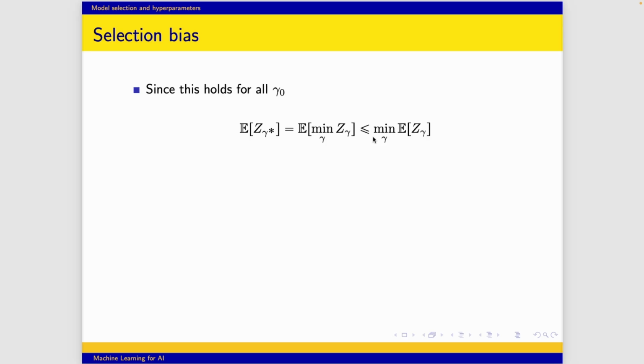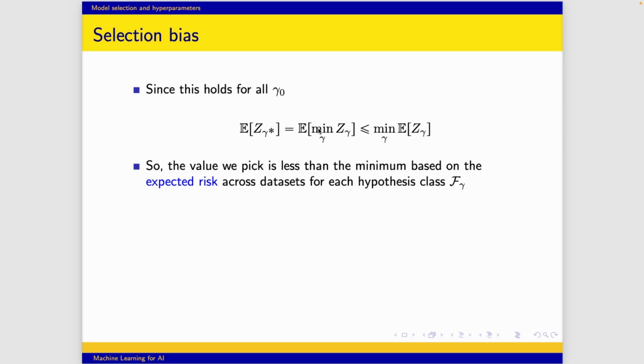And so we have a type of bias in this procedure where we use this to select our best gamma, namely gamma star. This gamma star is not going to be the same as the gamma that we would get by doing this, if we could do it, which of course we can't, because we don't know the distribution over these random pairs.